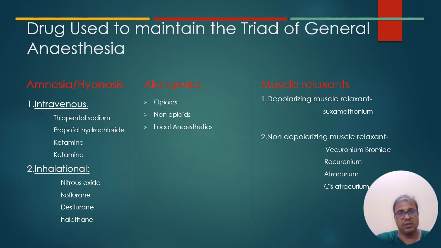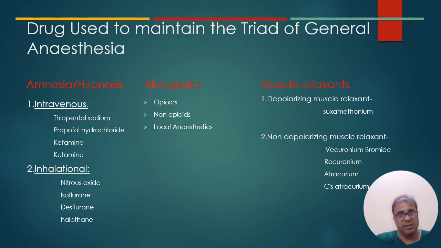Intravenous drugs we usually use are thiopental sodium, ketamine hydrochloride, and many other drugs, etc. Inhalational drugs used for amnesia or hypnosis are nitrous oxide, isoflurane, sevoflurane, etc.